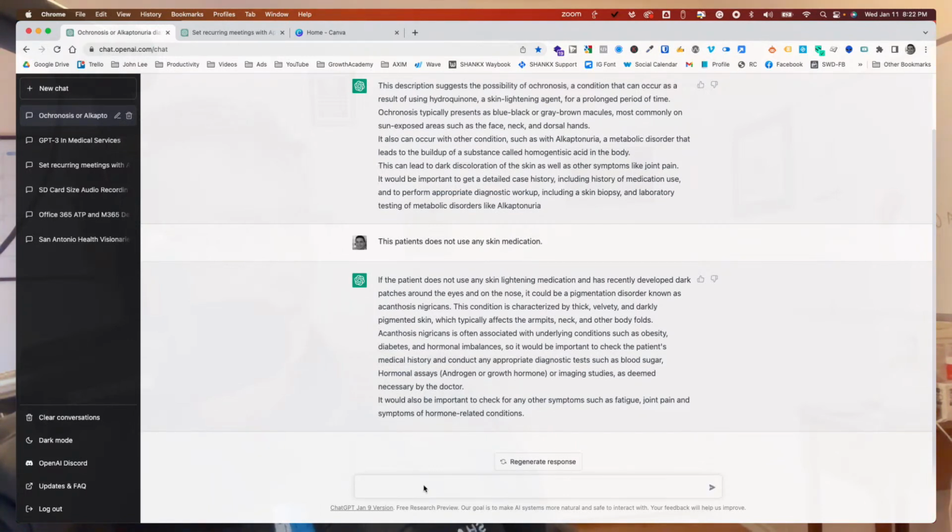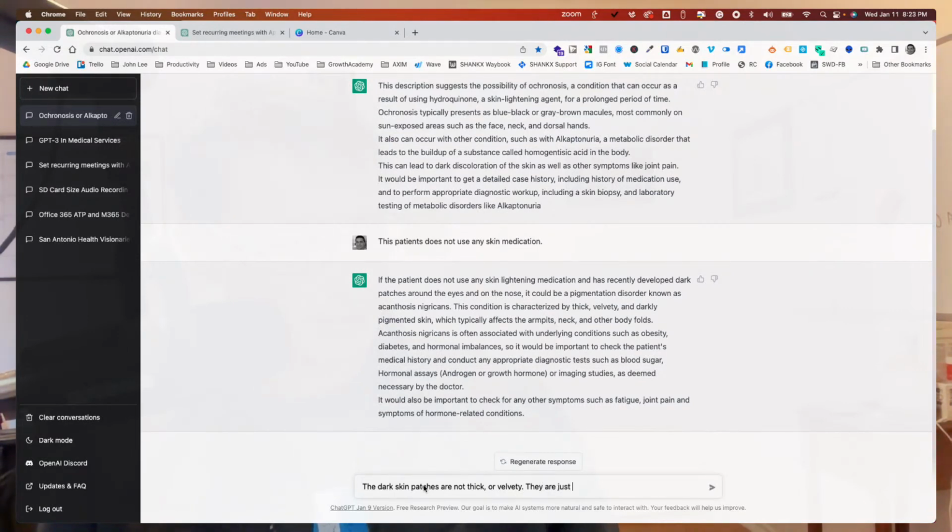All right, so this is also not what I'm looking for here, right? Because it's not thick and it's not velvety. So I'm going to enter this: the dark skin patches are not thick or velvety.